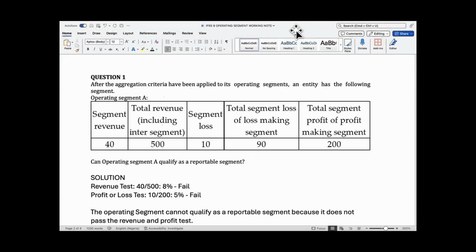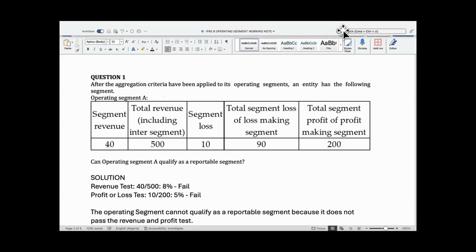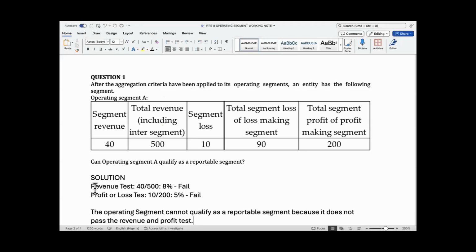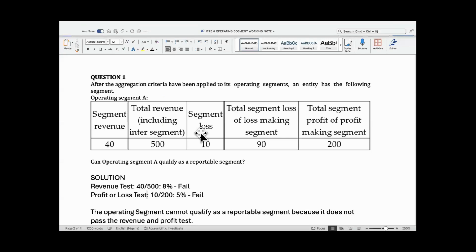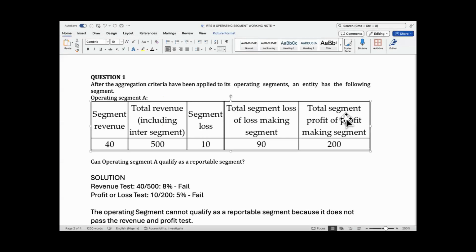What I need to be very watchful about is this when doing the profit or loss tests. We pick the higher first. It doesn't matter whether the segment makes a profit or a loss. We don't care about that. We look at the higher; we group all the losses together. What's the total segment loss?